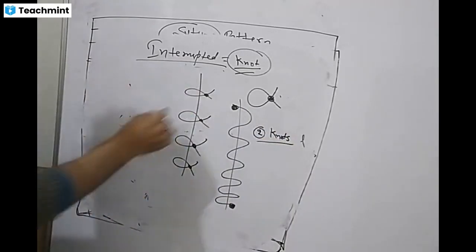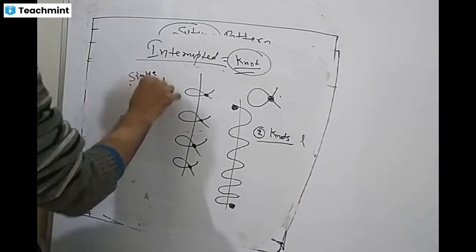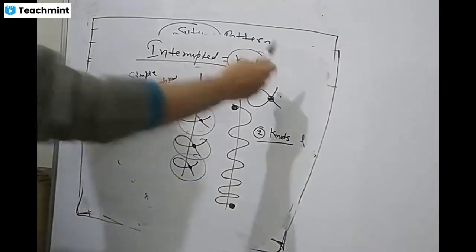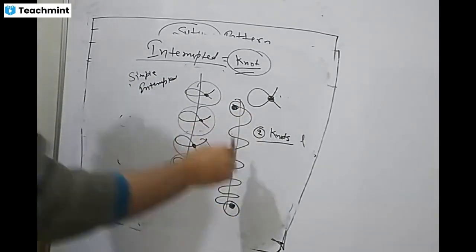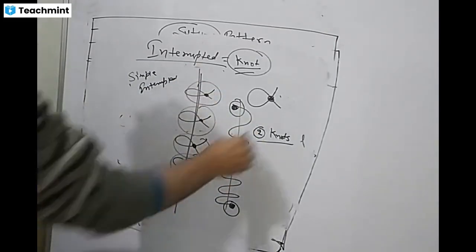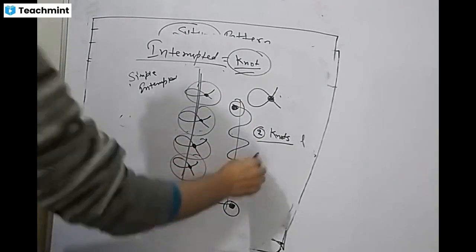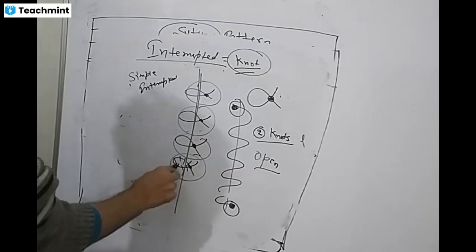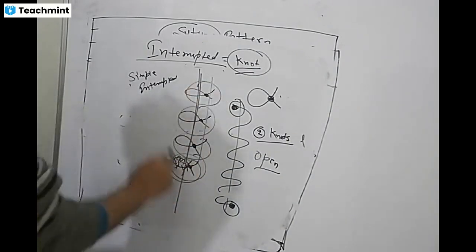So for example, this is your simple interrupted pattern, where multiple knots are there. In the case of simple continuous, there are only two knots. The advantage of this pattern over the other is that if you open one end, the whole suture pattern will become open. But in the interrupted case, if because of excessive pulling, scratching or licking by the animal one bite opens, the remaining wound will still be closed.